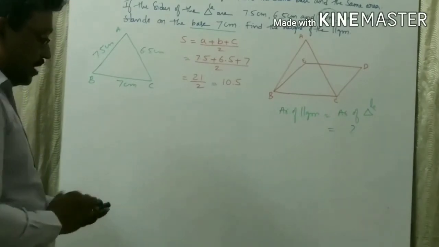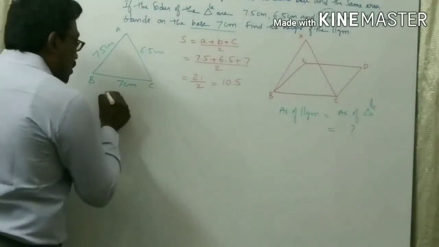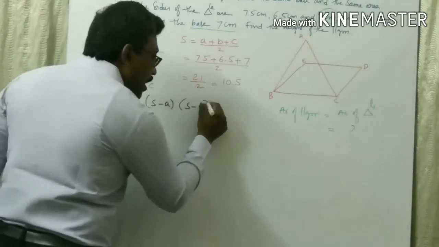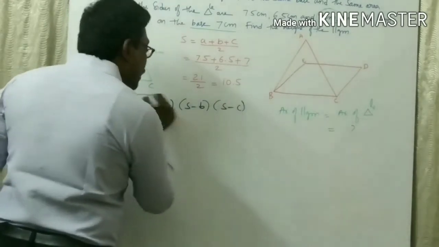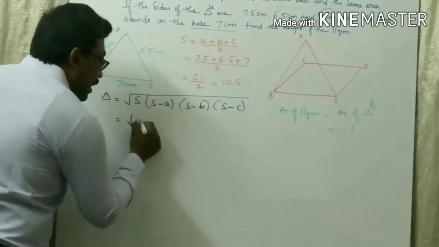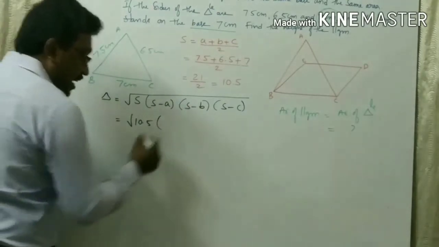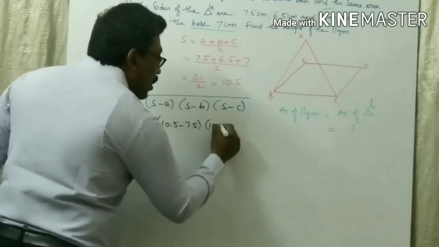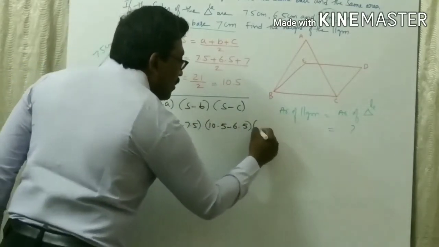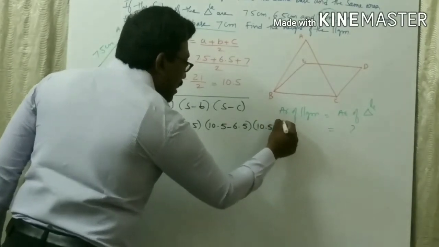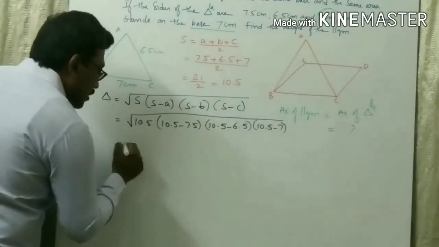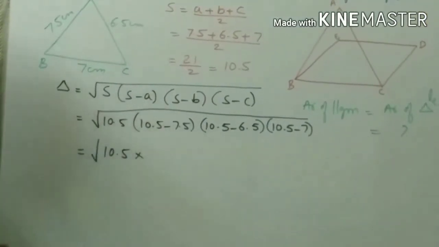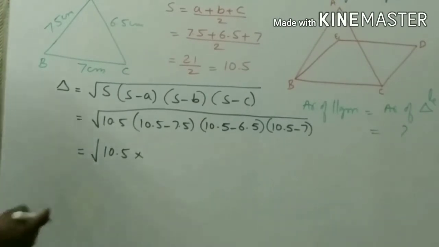Now, area of triangle. The formula is root of s into s minus a into s minus b into s minus c. So 10.5, s minus a is 10.5 minus 7.5, 10.5 minus 6.5, 10.5 minus 7. 10.5 minus 7.5 is nothing but 3.